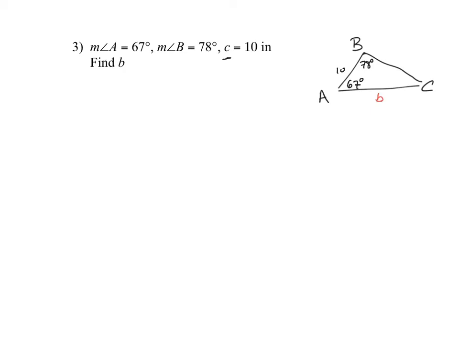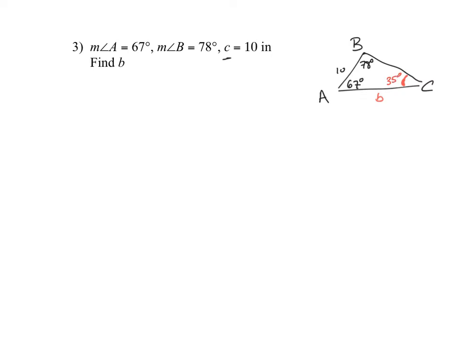This is B. In this case, I want to find first the measure of this angle. By knowing that 67 plus 78 plus the measure of C is 180, I can find that this angle right here is 35 degrees.